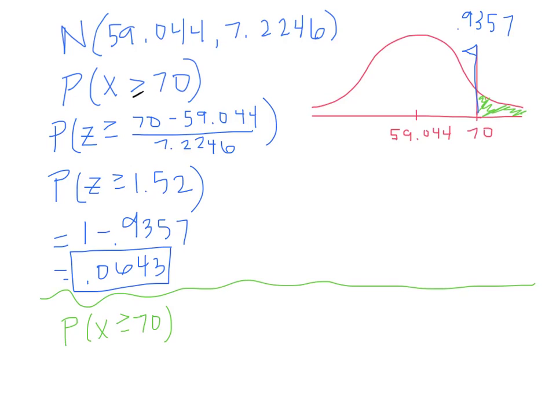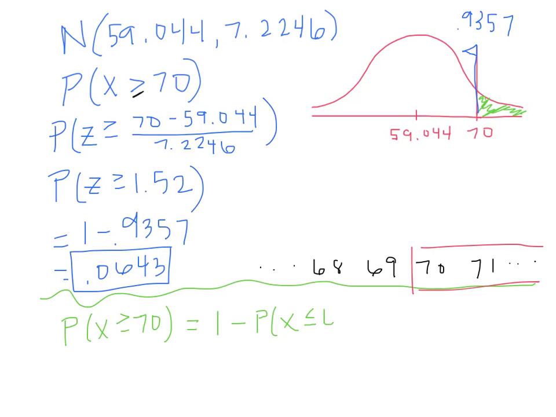Thinking of this, if I just think about the numbers surrounding 70, 68, 69, 70, 71, and so forth on either side, greater than or equal to 70 is going to be this section of my distribution. So I know that I want to convert this probability statement into 1 minus the probability that x is less than or equal to 69, because the CDF function only works for finding the values below a certain point, much like Table A. So in my calculator, I'll do 1 minus the binomial CDF.